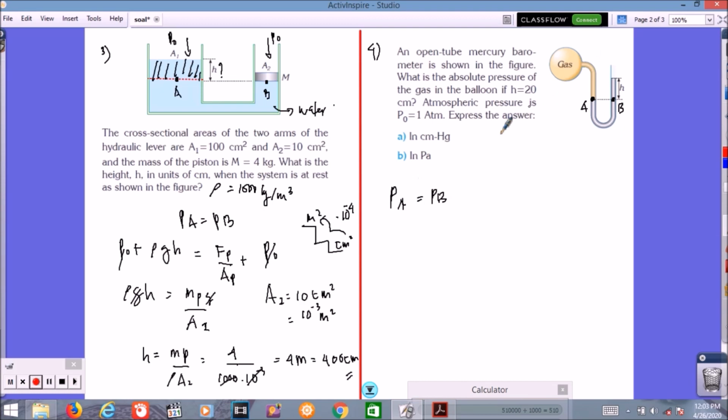Above point A is the pressure from gas, this is what we are looking for, the absolute pressure of the gas, equal to the pressure above point B, which is the pressure from mercury and the pressure from atmosphere. So above it there is P0 plus P from mercury.